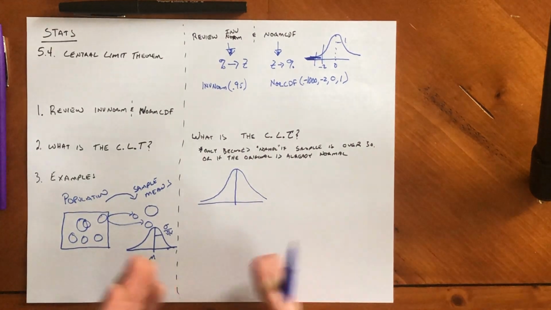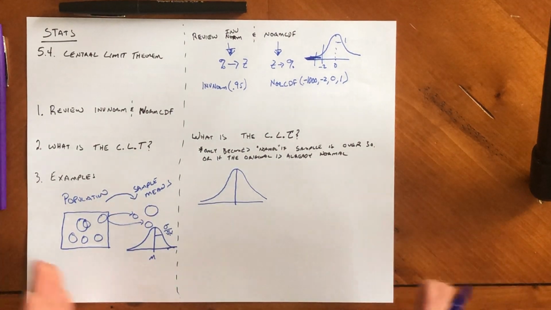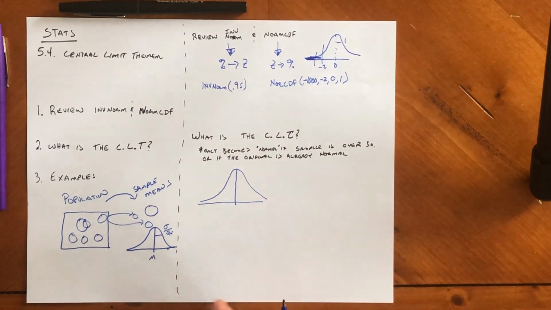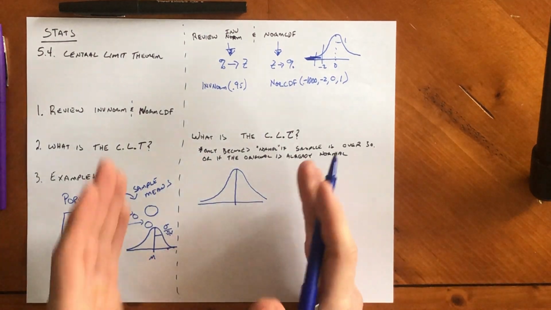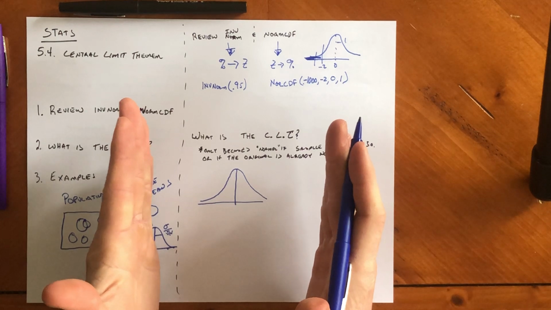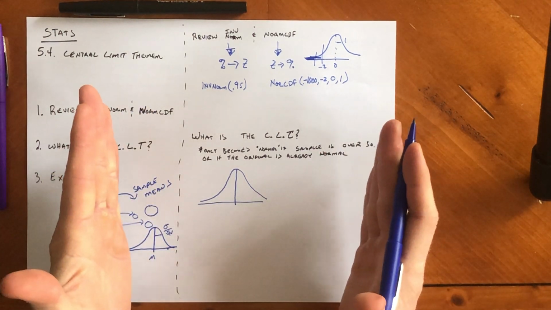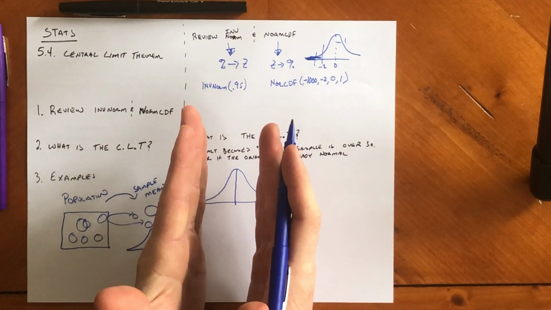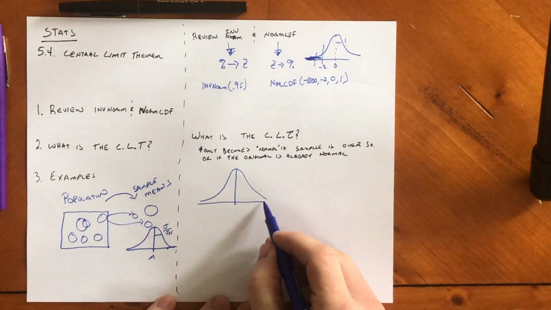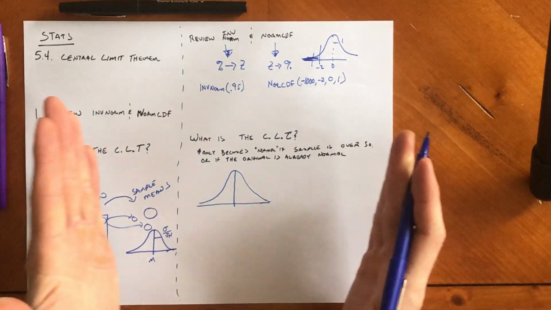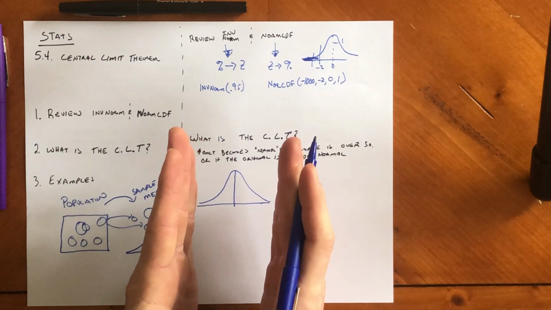You find a sample, the sample might be spread out, but when you take the mean of that sample, so you divide by 5 or divide by 10 or divide by 12 or whatever it is, it's going to take the original population and shrink down the standard deviation. So the more things you have in your sample, the more the standard deviation is going to shrink down.